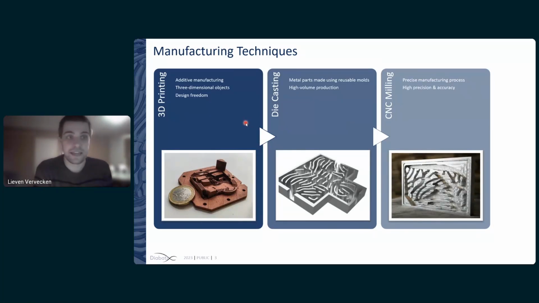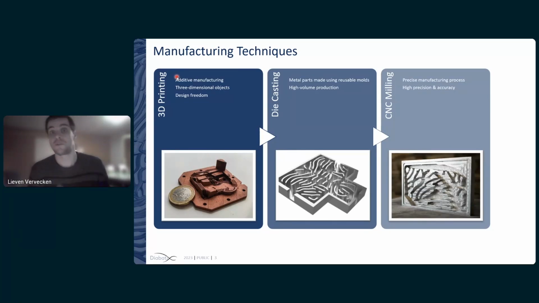But starting at the beginning, a bit more detail on what the different manufacturing techniques mean. The one that you're very familiar with, I'm very sure, and that's also very popular right now, is 3D printing or additive manufacturing. There's a wide variety of different additive manufacturing techniques. For example, with metal, you can go for SLM or selective laser melting, or LPBF.